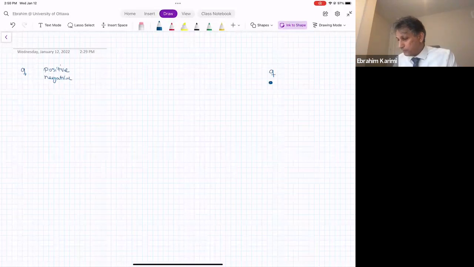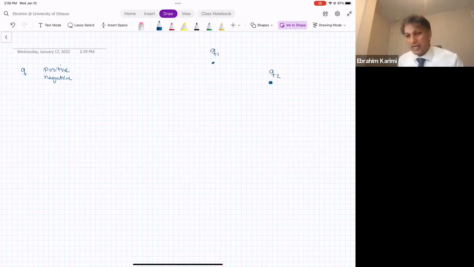And how did people find this, or assign this to a material or to an object? They found out that if, for example, you take two charges or two particles with different charge, let's say Q1 and Q2, there will be a force between these two.